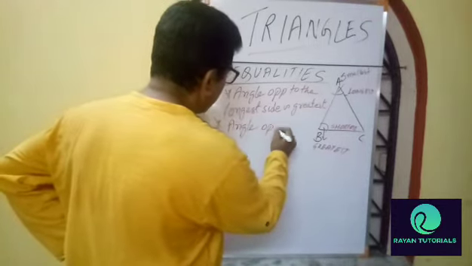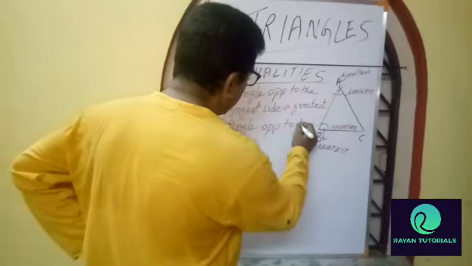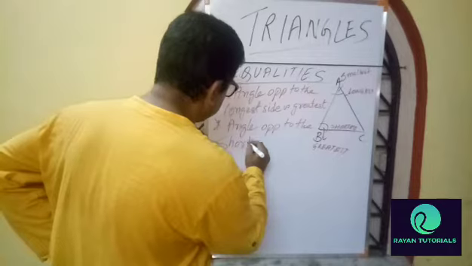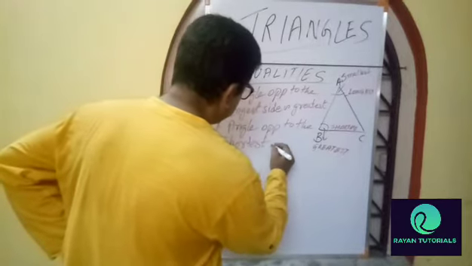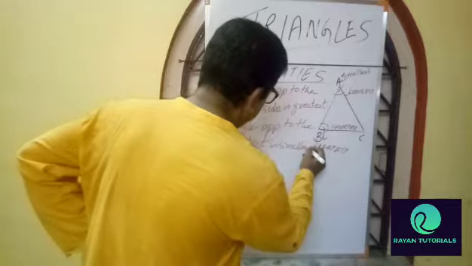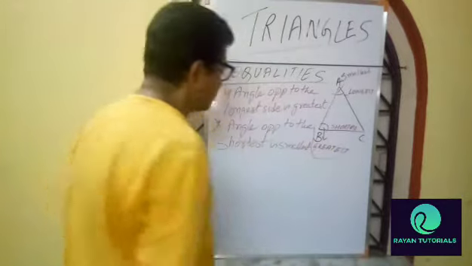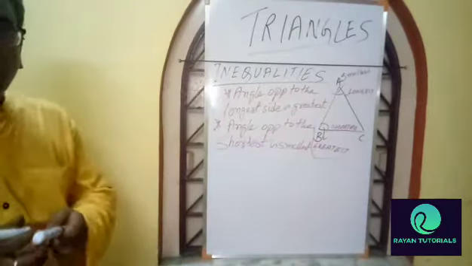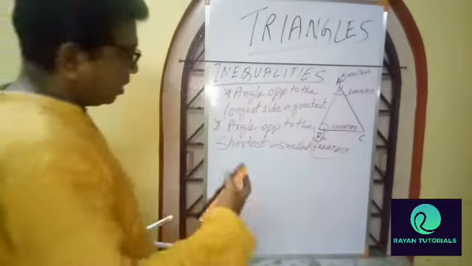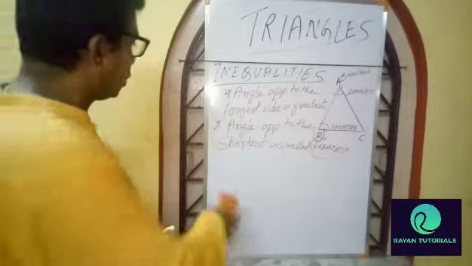Angle opposite to the shortest side is smallest. Okay. Can I repeat? Okay.